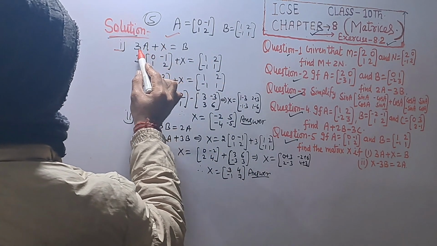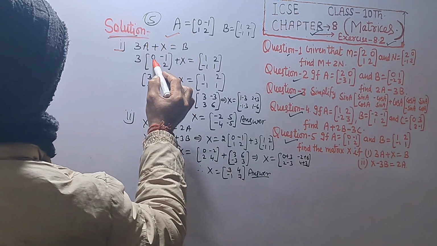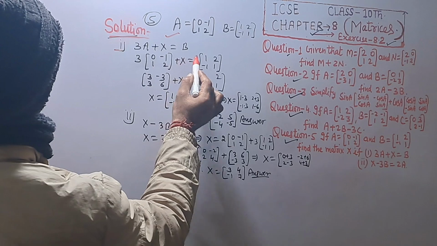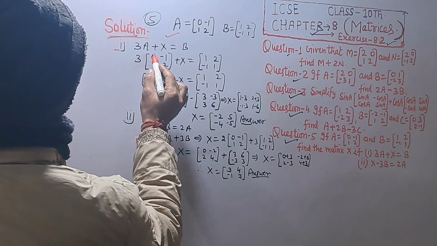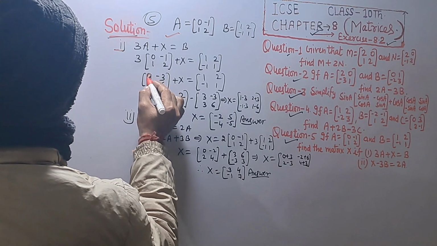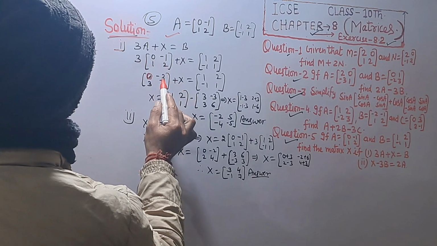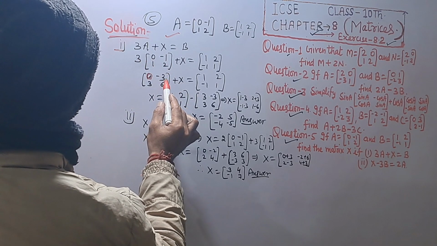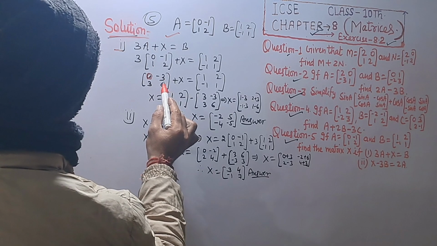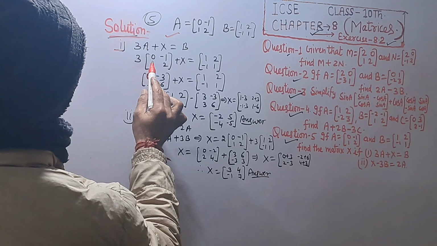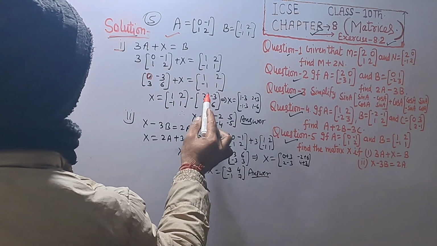We find the value of X if 3A + X = B. 3 into A is [0, -1; 1, 2] plus X equal to [1, 2; -1, 1]. 3 multiplied by 0 is 0, and 3 multiplied by -1 is equal to -3. 3 1s are 3, 3 2s are 6, plus X equal to [1, 2; -1, 1].